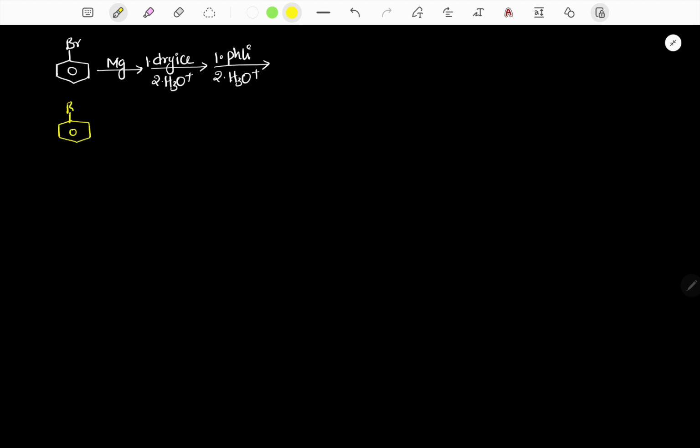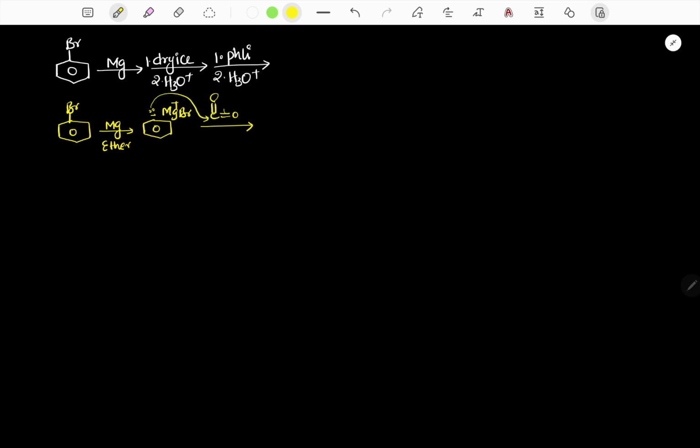Bromobenzene. It is an example of an aryl halide. When it is treated with magnesium, of course we use the solvent ether, it forms Grignard reagent. Now it is treated with dry ice. Dry ice means CO2. Of course it is linear, but for our convenience I am writing L shape.